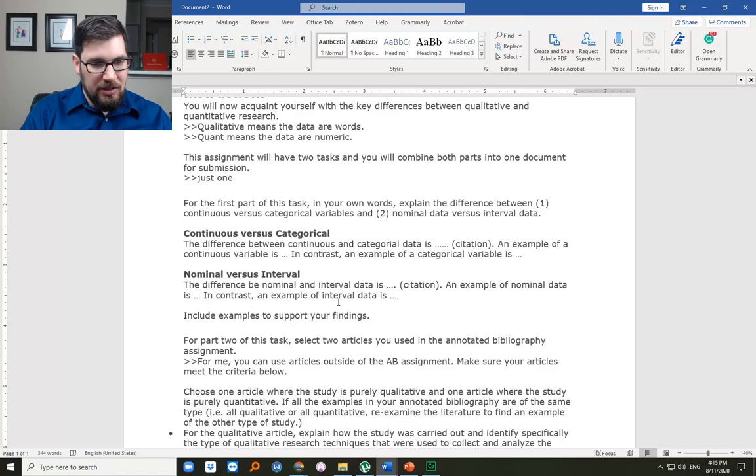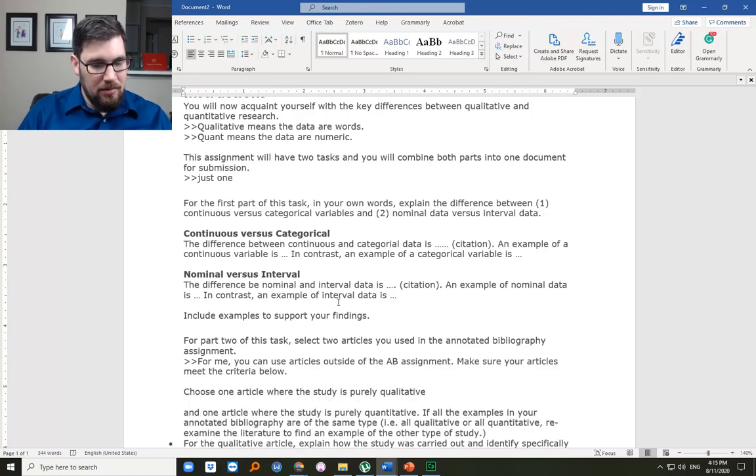You'll search for words like perceptions, explore, lived experiences, understand.